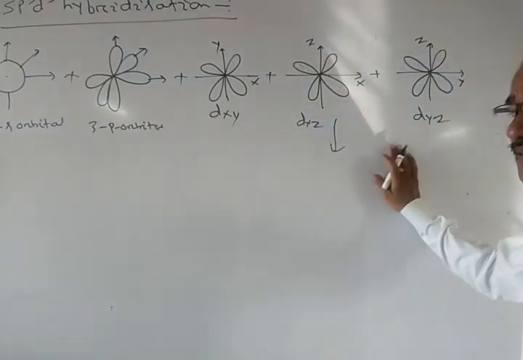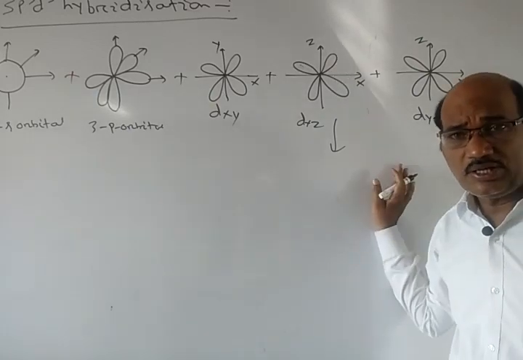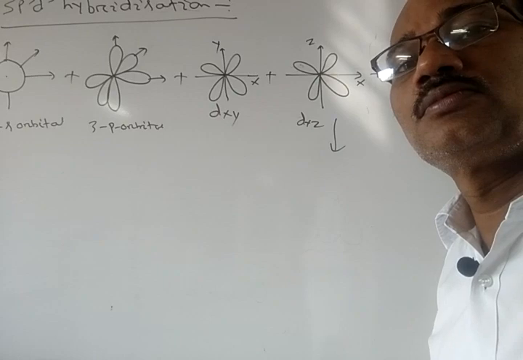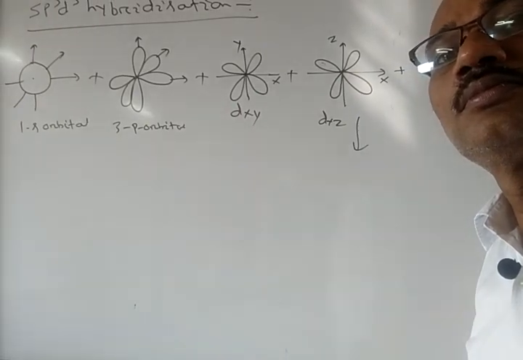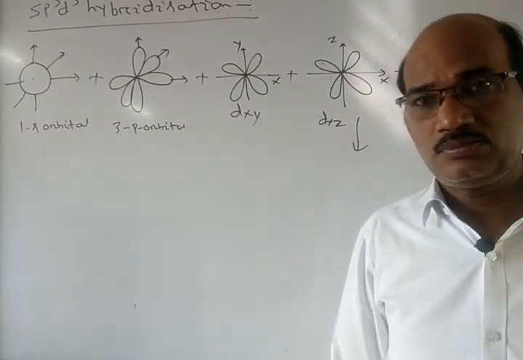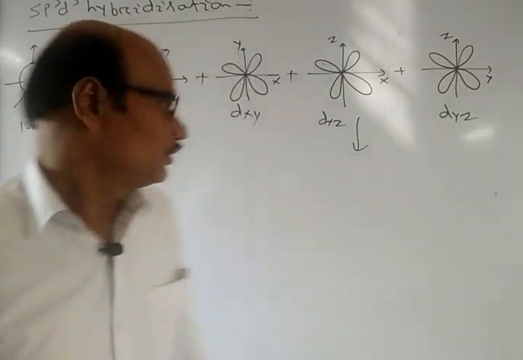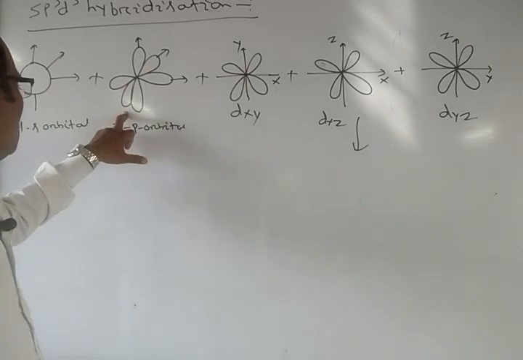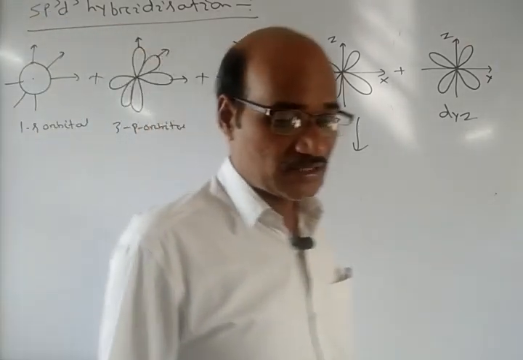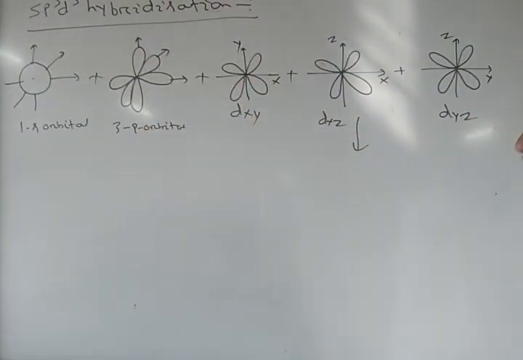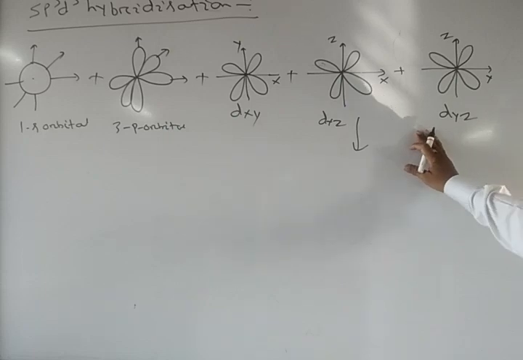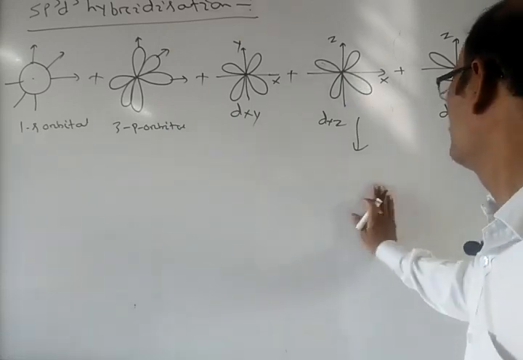The 3 d orbitals dxy, dxz, dyz, and 3p, px, py, pz, and 1s are intermixed with each other to give 7 sp3d3 hybrid orbitals.